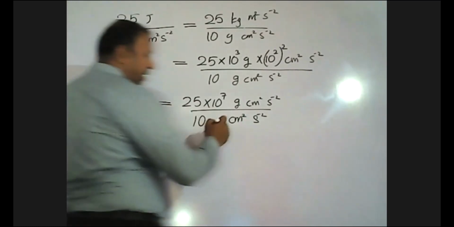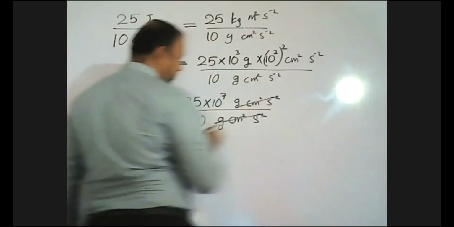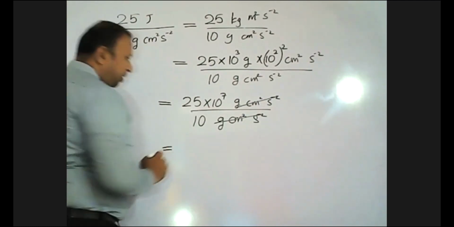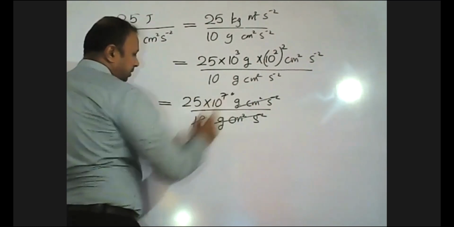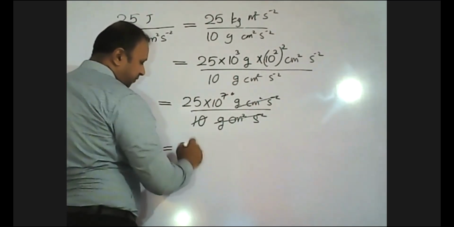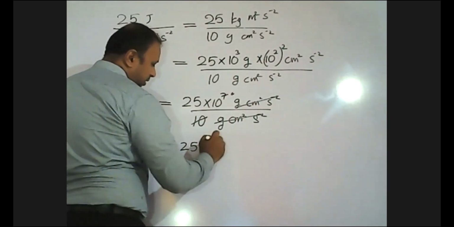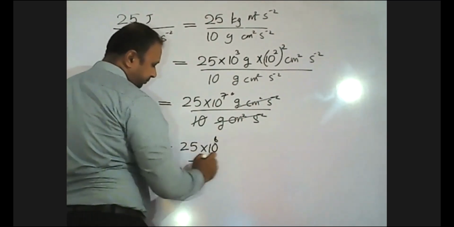So centimeter square per square second will be cancelled out from numerator and denominator, and 10 will be cancelled out with one of them. So my answer will be 25 into 10 to the power 6.